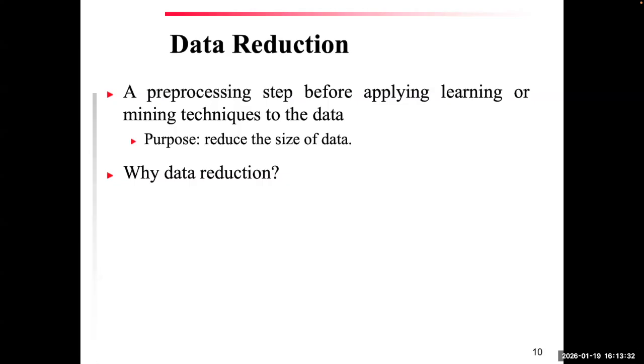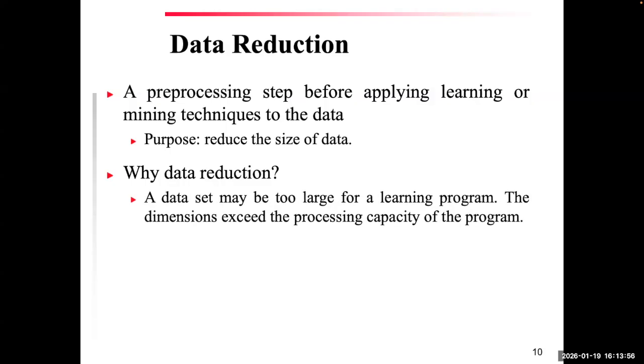We have different ways to do data reduction. You can go across the columns and select a subset of columns or features, or you can select a subset of rows using sampling techniques and so on, or even reduce the values, like value reduction, that I'm discussing now.